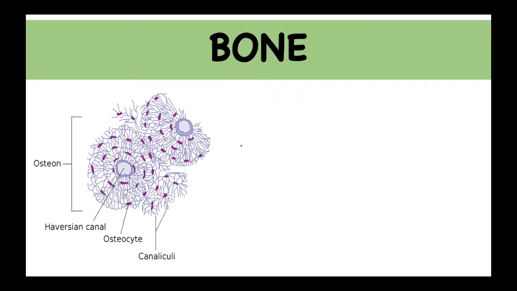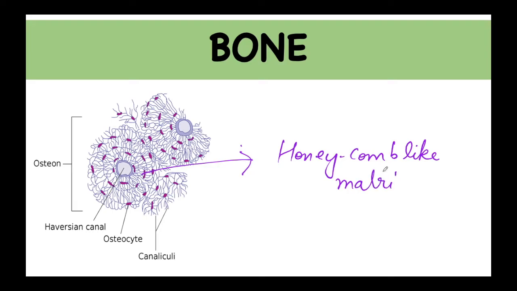Next, here is a Haversian canal. Haversian canal is present in some honeycomb-like hard matrix, and it is rich in calcium, phosphorus and some salts, or sometimes the salts of calcium and phosphorus also.